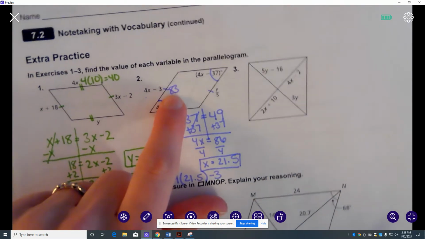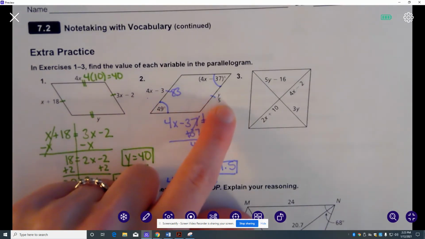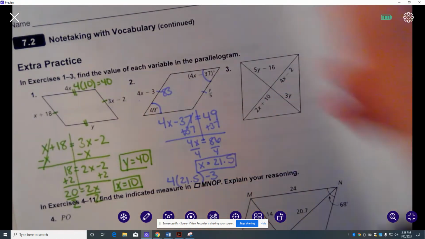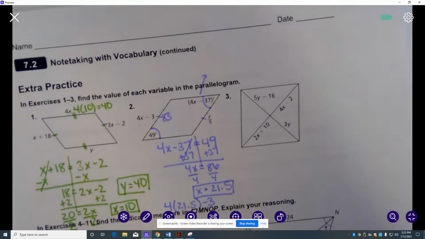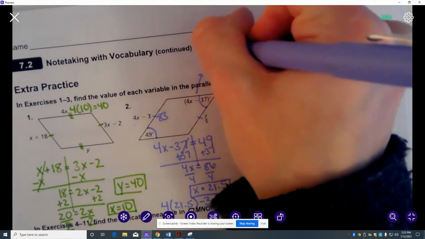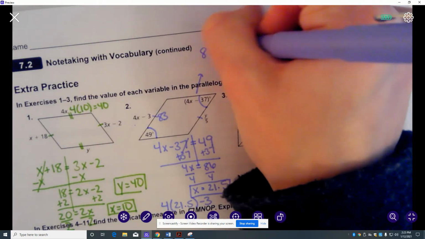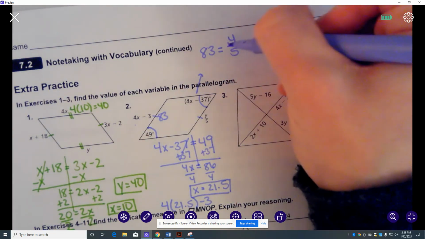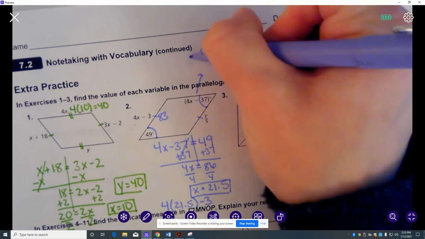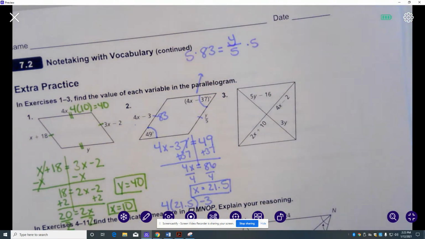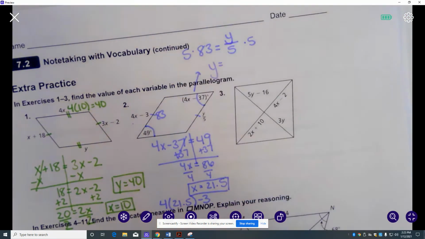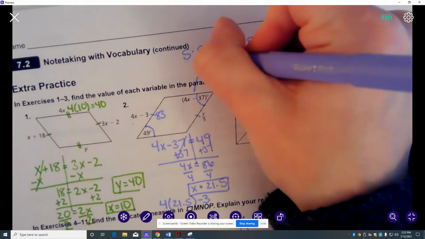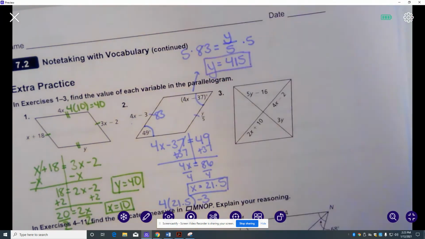So I know that this length of 83 must be equal to y divided by 5. I'll do that equation up here. I'm kind of running out of space. 83 must be equal to y divided by 5. So to solve for y, I just need to undo this division by multiplying both sides by 5. And I get that y is equal to 415.